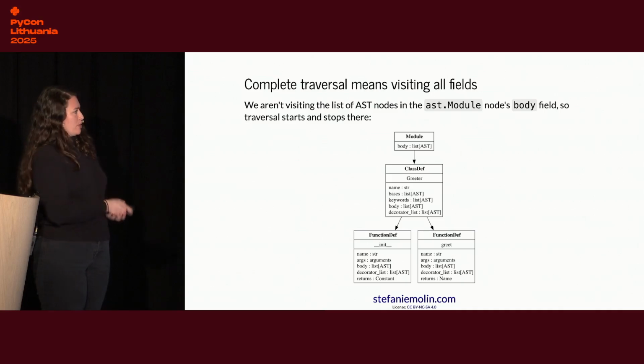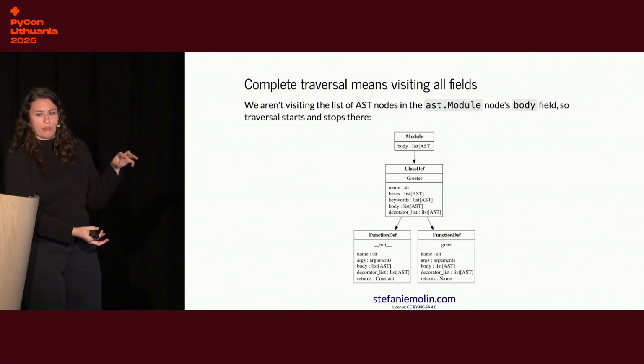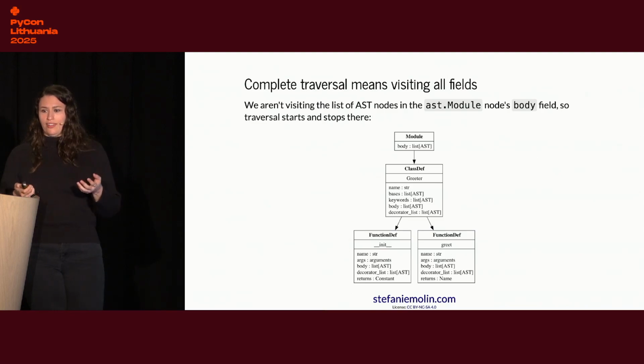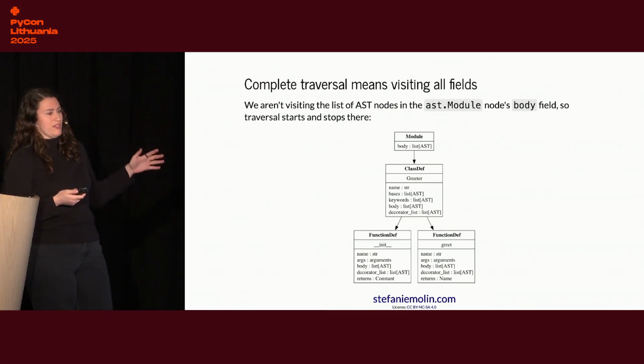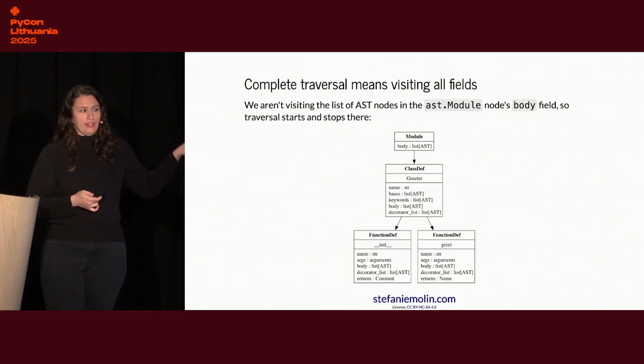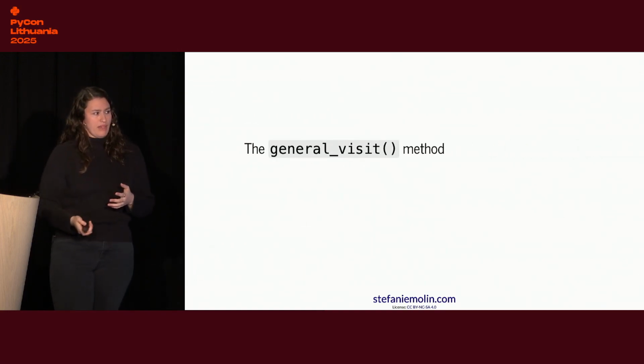We actually have to explore all of these fields. So for example, this one right here, args, that is itself a whole list, a subtree that can be explored. And so this is also why you wouldn't want to try to write a traversal algorithm yourself, and you would want to use the visitor, because there's actually a very simple way to fix what we did wrong here. And that's using the general visit method.